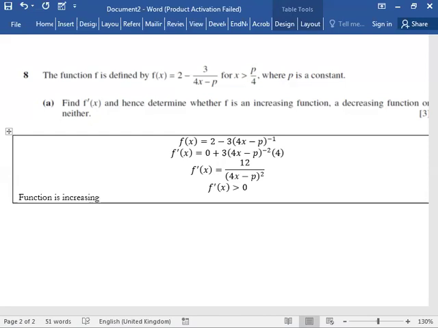Is this clear? Check that the derivative of my function is not 0. If it is 0 at even one point, I cannot claim the function to be increasing or decreasing. I should be extremely sure about the function being increasing or decreasing.